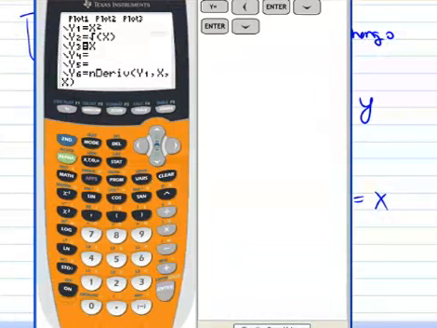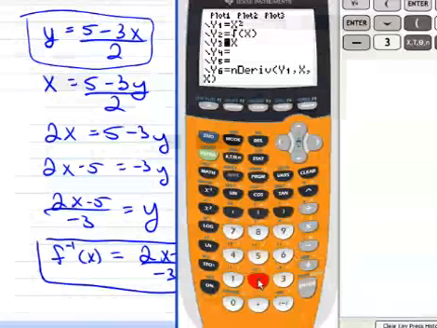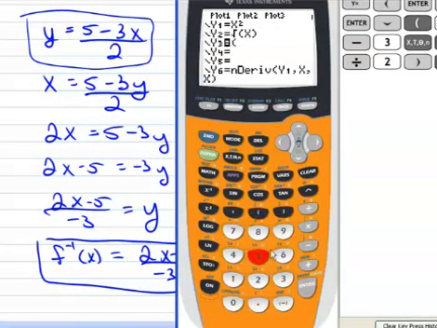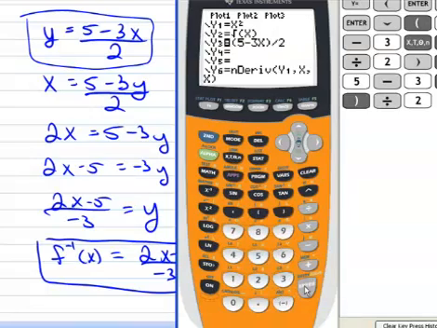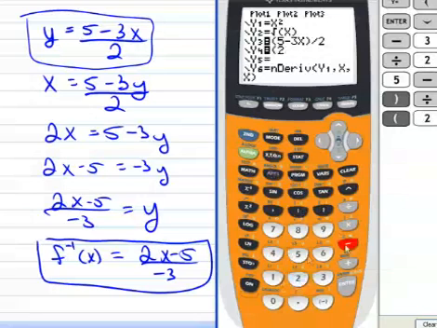And what I'm going to do is graph the original. The original was 5 minus 3x all over 2. It's not going. Let's try that again. 5 minus 3x all over 2. There it goes. And our inverse turned out to be 2x minus 5 divided by -3.